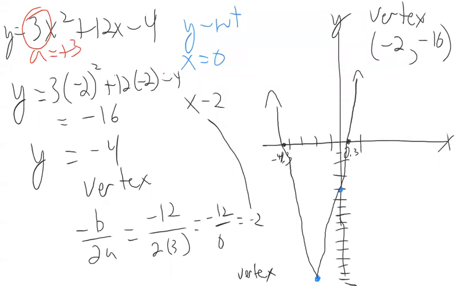If a is positive, your parabola always turns up. If a is negative, then your parabola goes down. That's a good way to check to make sure everything's in place. Everything looks to be in place, so I am good. There are my 4 points. My 2 black points are my x-intercepts, this one is my y-intercept, and this bottom one is my vertex.